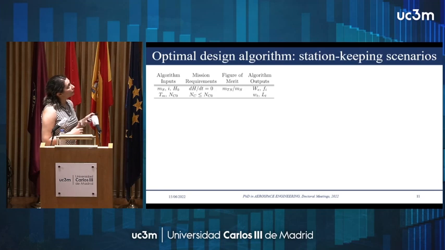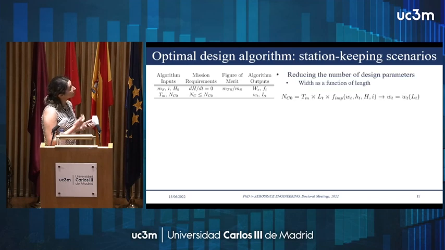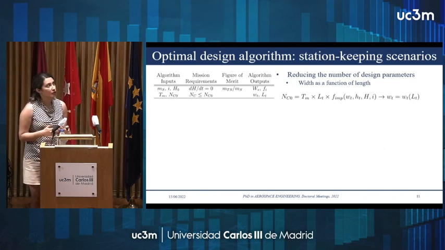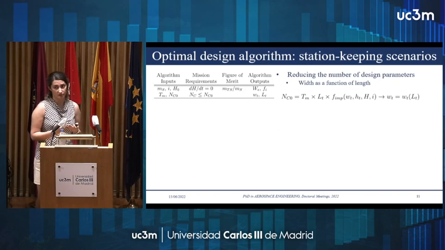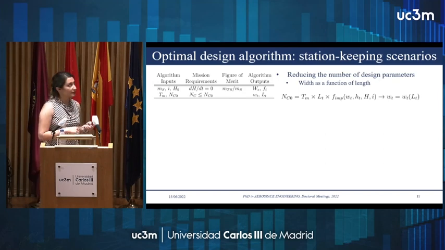The figure of merit is the mass ratio, and the outputs are the design parameters. In this case, since the mission duration is known, the cut probability actually gives us the relation between width and the length of the tether, so we reduce one parameter.